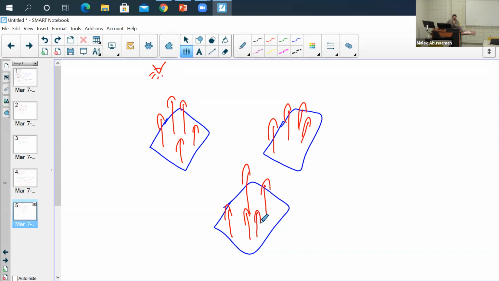Now, which way is the current going? So you got a magnetic field. And let me label this. This is your wire. And you got an increased flux.